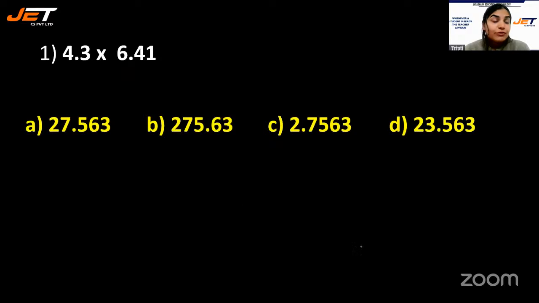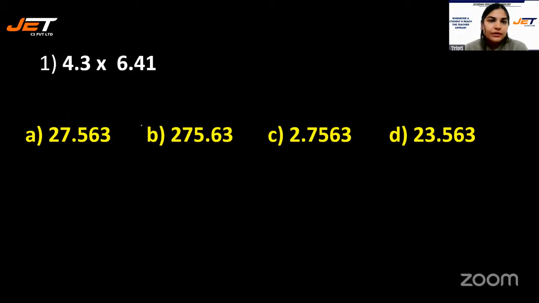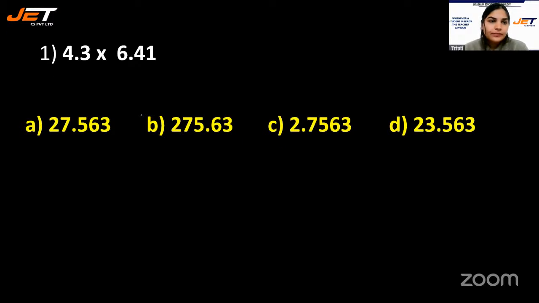Now, if I talk about 4.3 times 6.41, the normal multiplication you have to do first.